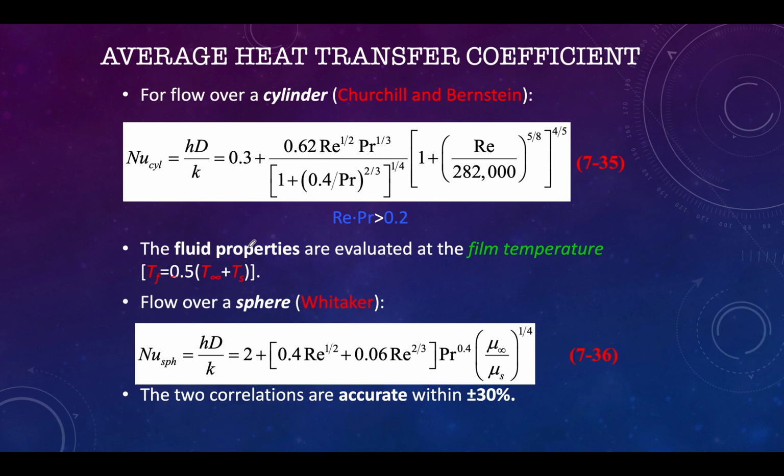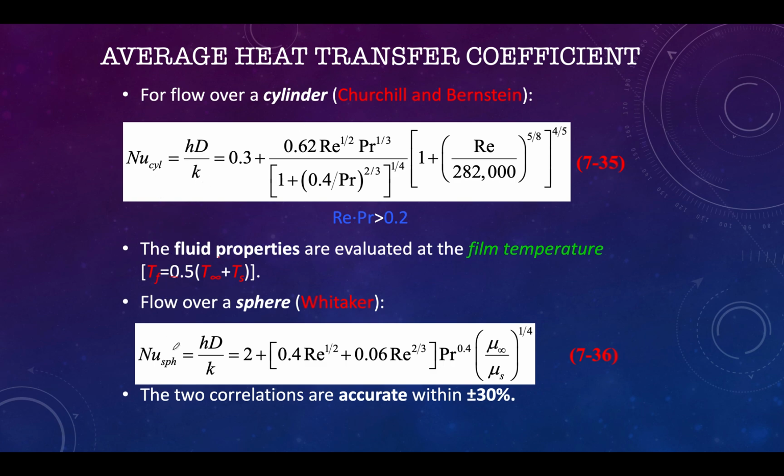Normally these fluid properties will be given in your question, but if the question requires you to find them in order to determine the Nusselt number for a cylinder, you have to use the fluid properties at the film temperature.